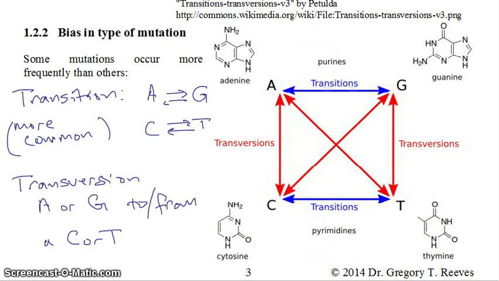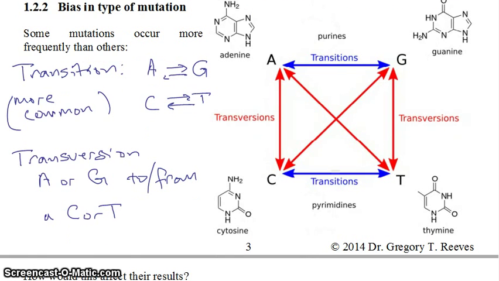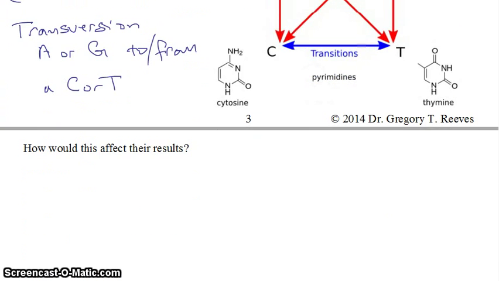In other words, the takeaway message here is that they needed to score their random genetic codes by these transition mutations being more likely than transversion mutations. So that's how the bias in the kind of mutation would affect the results, right?